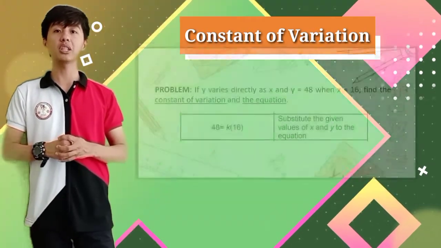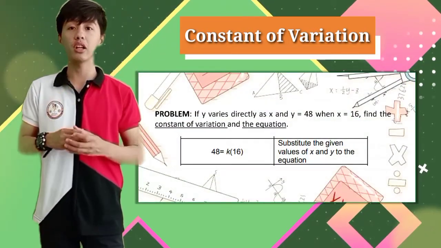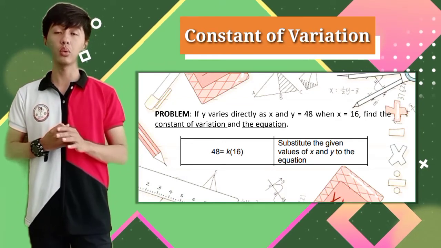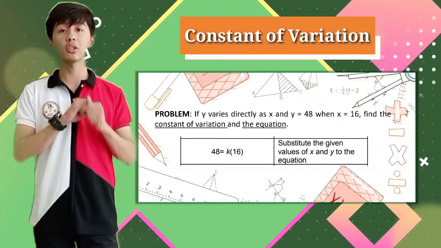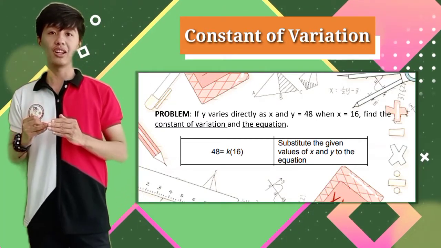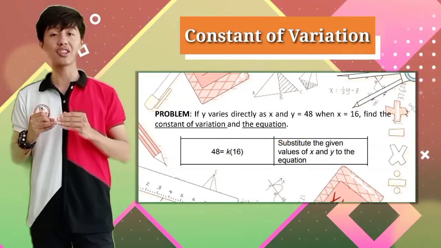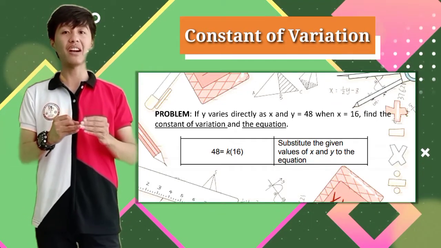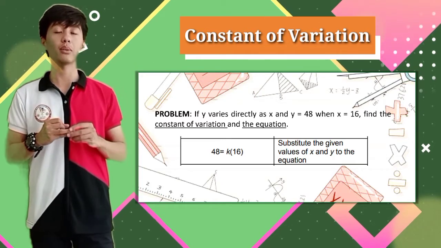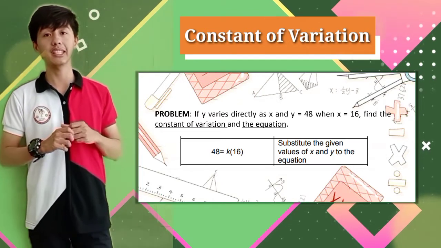Now, the next thing we need to do is to substitute the given values wherein y is equal to 48 and x is equal to 16. Substitute those given values into our derived equation y is equal to kx. So we have now the new equation 48 is equal to k multiplied by 16.